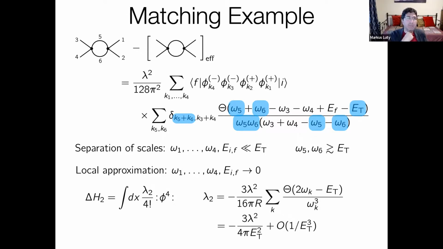Yes. Okay. I'm going to show you the sort of full power counting and so on at the end. Right now this is just the answer. If you do this diagram plus all the other order lambda squared 4-point diagrams, this is just what you get. Later on, I'll talk about the sort of general power counting rule.